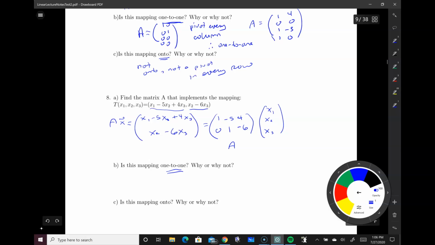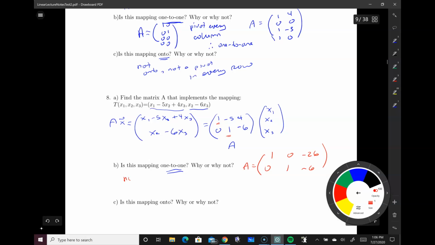The next question: is this mapping one-to-one? If I just look at the matrix A here, it is in echelon form, not reduced echelon form. I could work it to get reduced echelon form, so I would get this 0, 1, negative 6. Okay, so that's the matrix A I'm looking at. Does this mapping one-to-one?